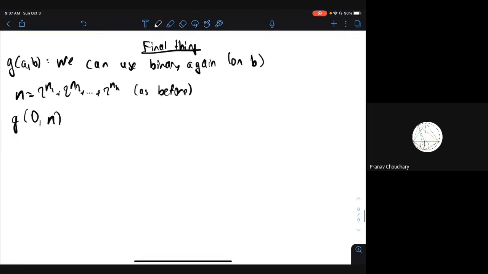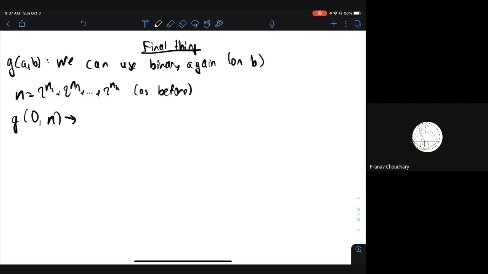So to get to g of 0, n, you do it the following way. First, we need to get a factor of 2 to the n1 in there, because we need some initial starting point.